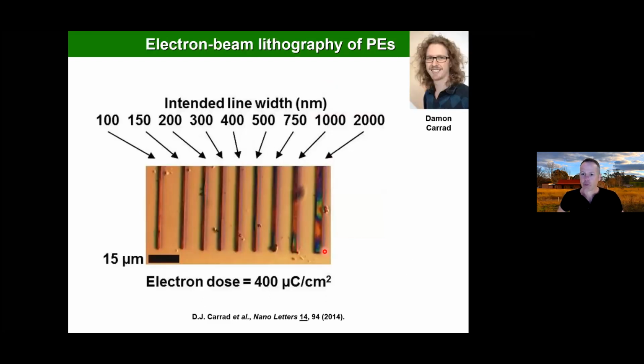So the first challenge we faced was to pattern these materials. What we figured we might be able to do was use them as their own electron beam lithography resist. There was some prior art in the literature to suggest that this might be viable. The one thing we were most concerned with was not whether we could pattern the material, but whether we could pattern it at the scale that we needed, and also with very high loadings of salt in order to get good ionic conductivities.